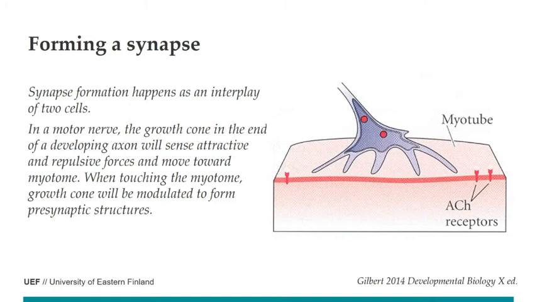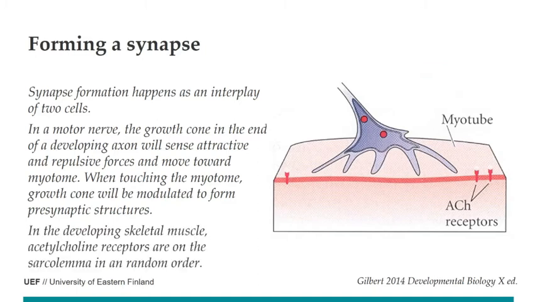This growth cone will be modulated to form the presynaptic structures. But before that, in this myotome there are acetylcholine receptors, but they are in random order in the sarcolemma, all around the cell.